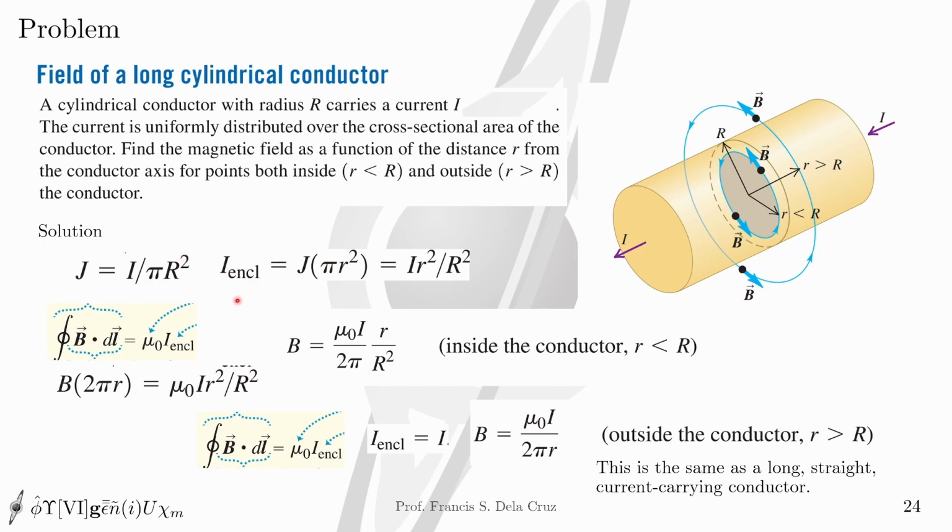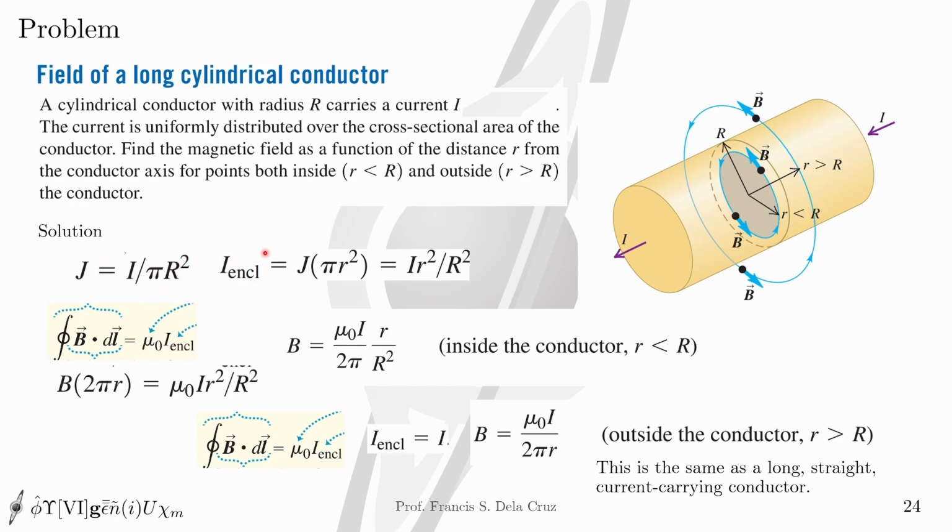We will see that the enclosed current by that path is J times pi r squared, which is equal to I r squared over R squared. So we know that J, the distribution inside this conductor, is uniform.